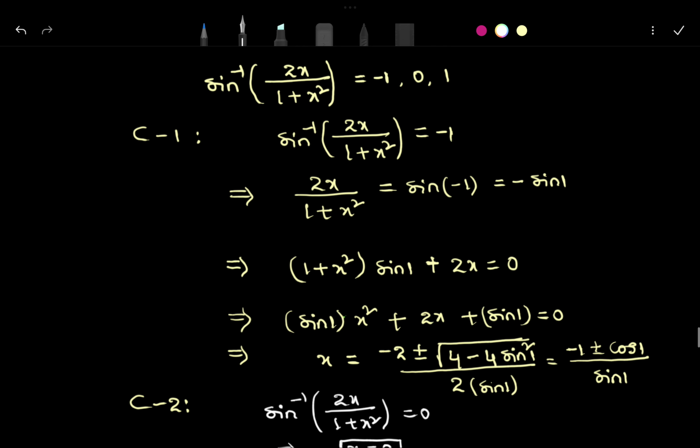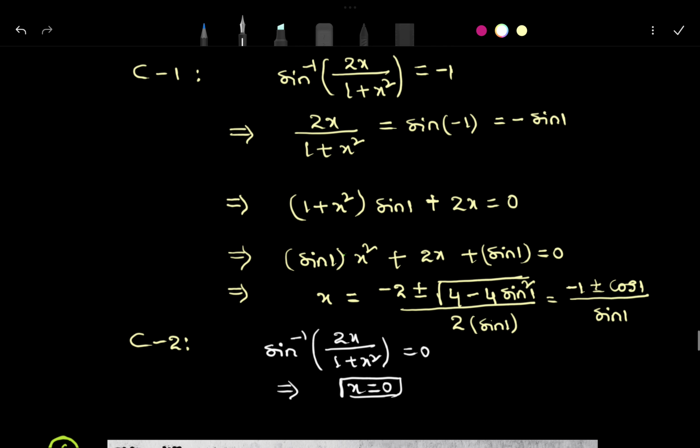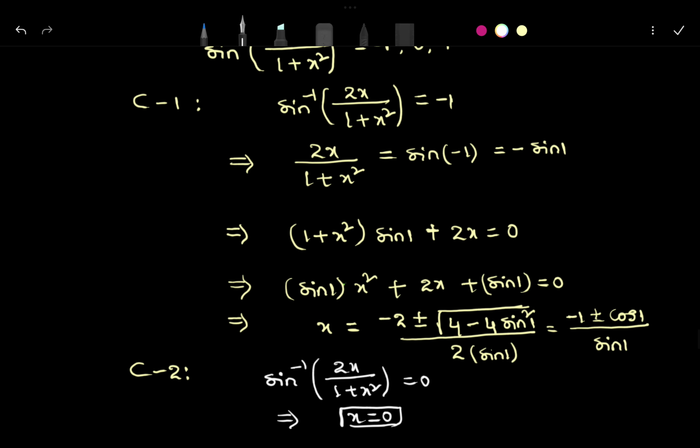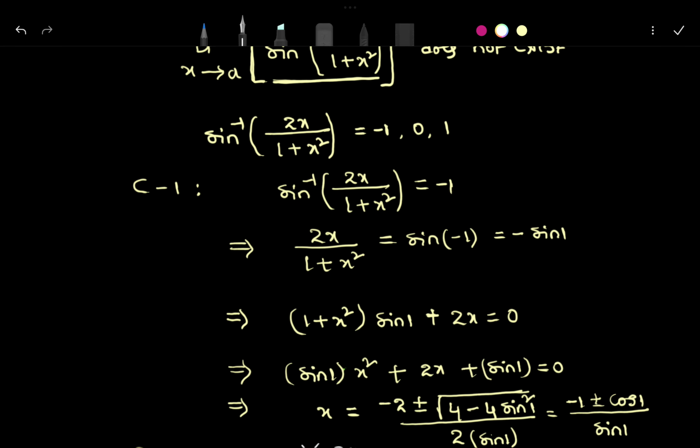And similarly, case 3: sine inverse of 2x whole divided by 1 plus x square is equal to plus 1. As in case 1, 2x whole divided by 1 plus x square is equal to sine 1.